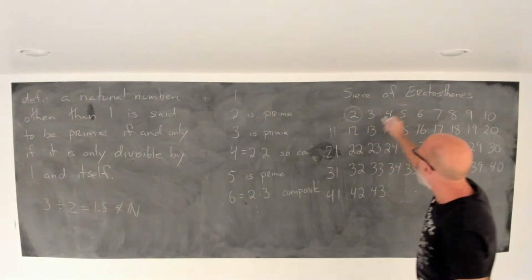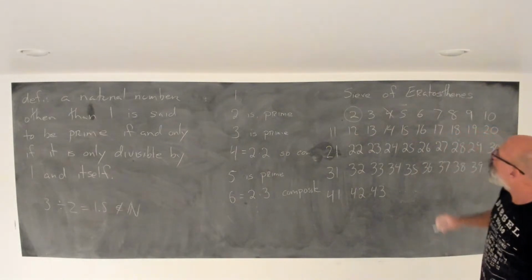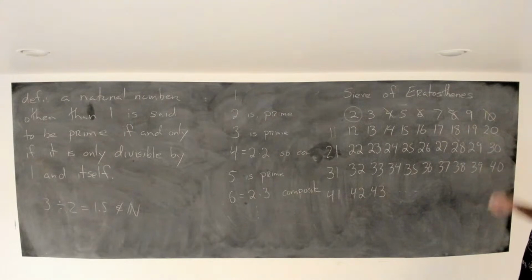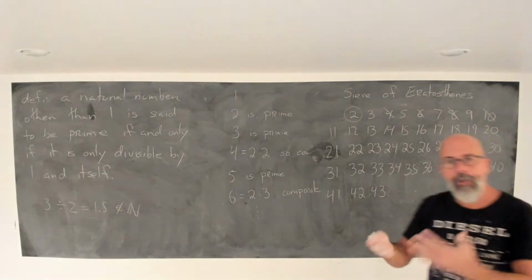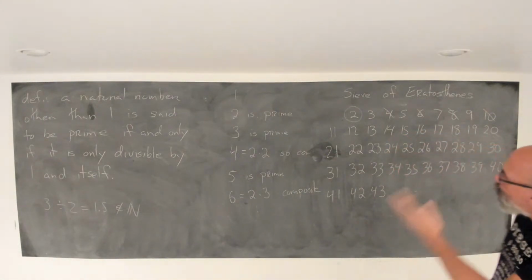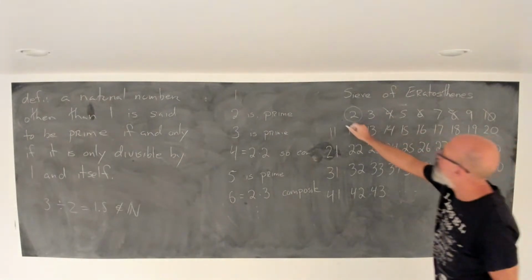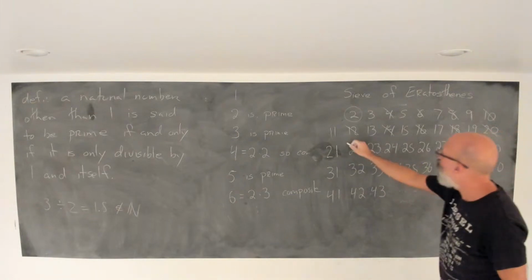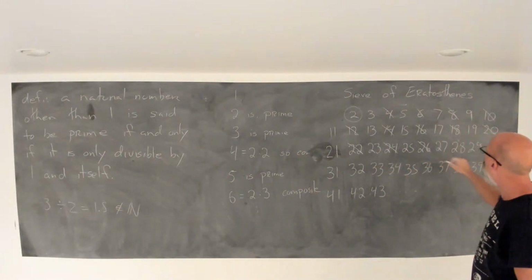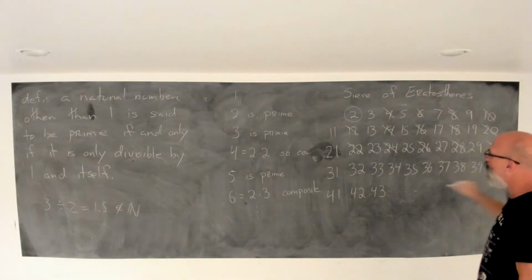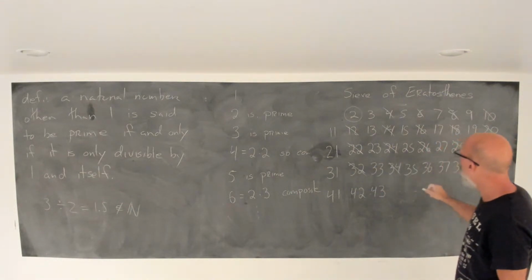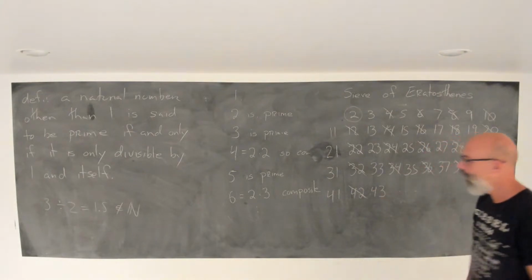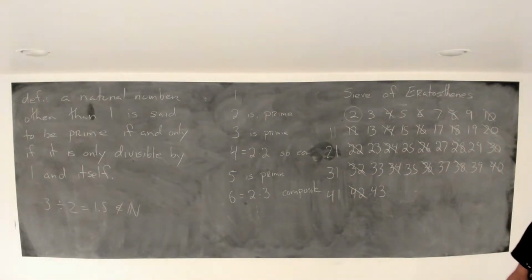So 2 times 2, 2 times 3, 2 times 4, 2 times 5. These are not going to be prime numbers, right? Because they're composite. It's 2 times something. 2 times 6, 2 times 7, 8, 9, 10, and so on and so on. So all of these things I'm crossing out are not prime numbers for obvious reasons.